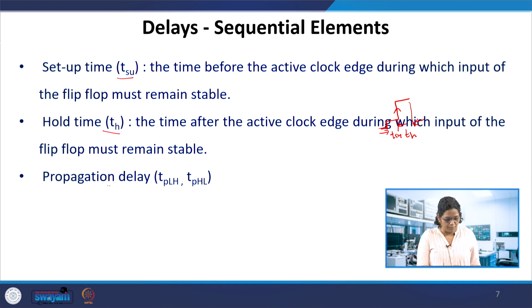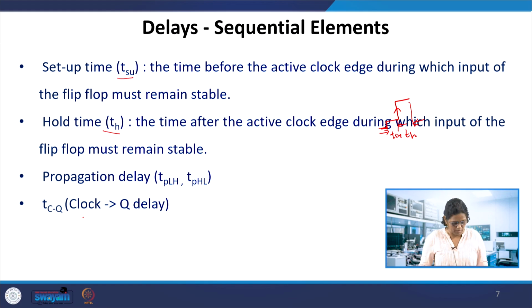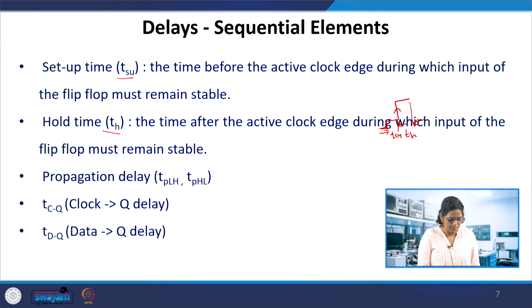The propagation delay, as we have seen in the combinational circuit, TP-LH and TP-HL. For a sequential element, suppose it's a flip flop or a latch, there is also a clock to Q delay, and a D to Q delay, that is data to Q delay or clock to Q delay. These are part of the propagation delays of the sequential element.